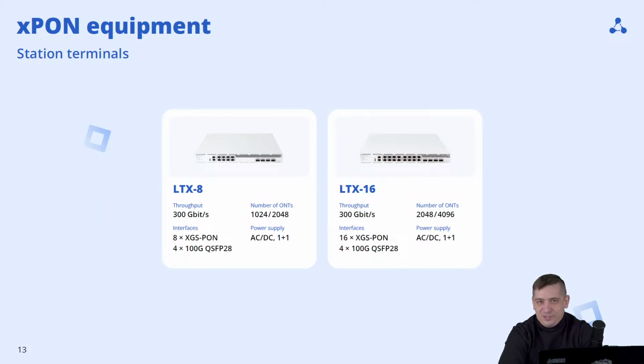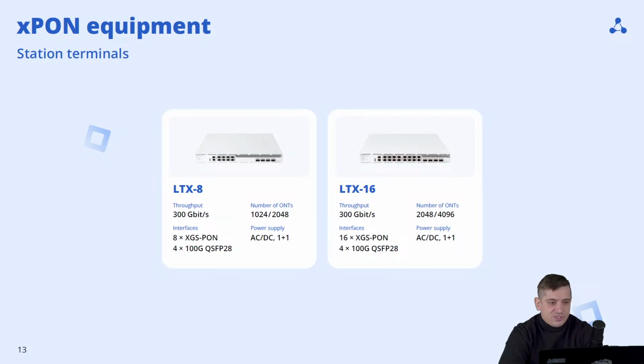Then definitely our main, or maybe important, branch of products is GPON equipment, and in this field we also made some giant leaps, like the transition from simple GPON to 10G GPON, so-called XGS-PON.